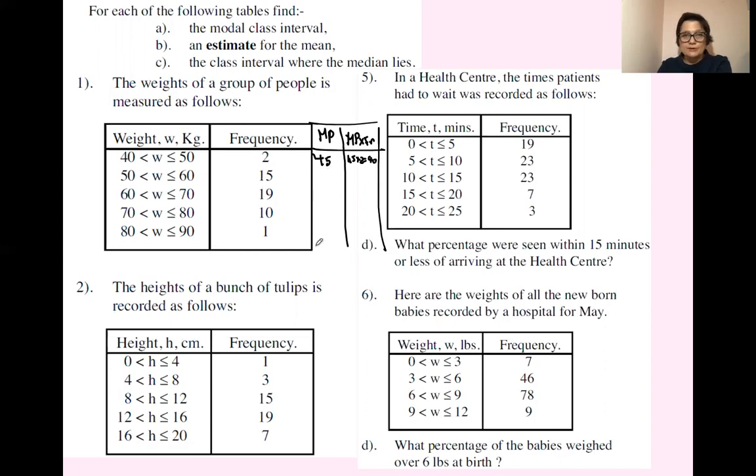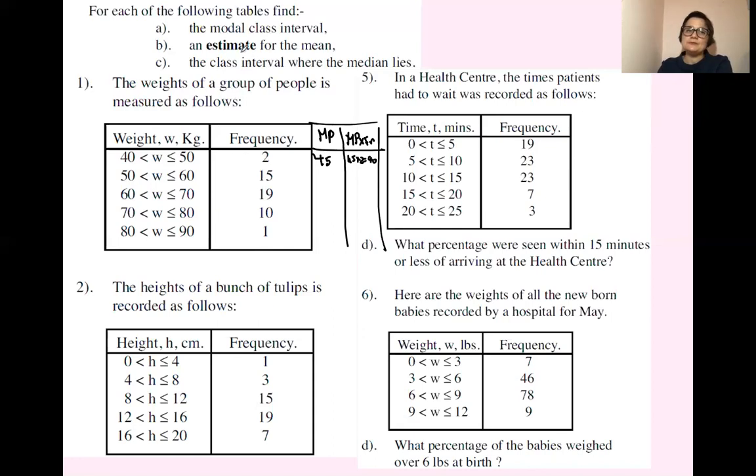So put all the midpoints here and all the multiplications of the midpoints by the frequency, and then to calculate the mean, we need to find the mean first. Then how do you calculate the mean? Find the total of the fourth column and divide by the total of the second column, the frequency, and so on.